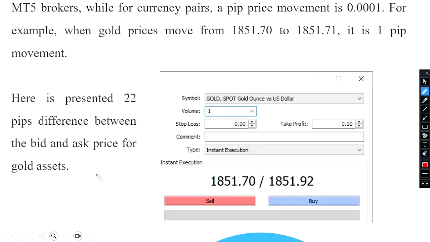When you subtract this from this, you're going to have, let's say, 1851.92. 2, you remove 0, you have 2. 9, remove 7, you have 2. So this is a 22 pips difference between the bid and ask price for this particular trade.